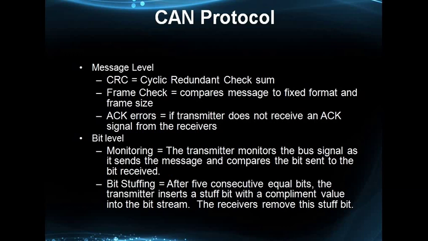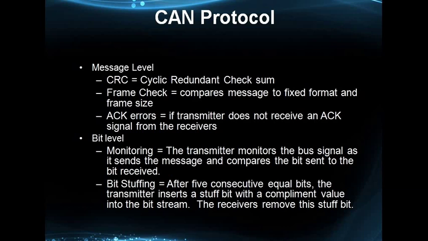And at the bit level, every node in the network, when it sends a bit, either dominant or recessive, will sense it back. If it doesn't match, then it becomes a bit error. But in the case of acknowledgement, it sends a recessive bit but expects a dominant bit. Then bit stuffing.